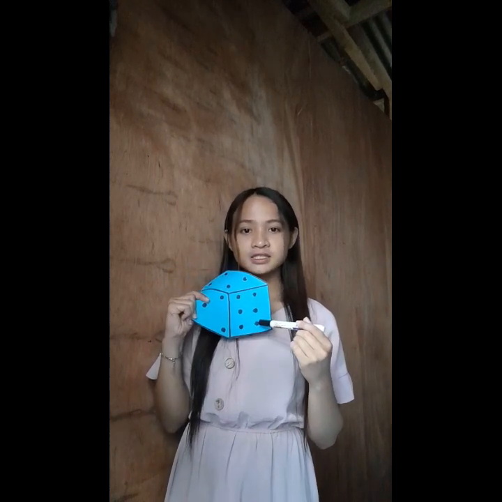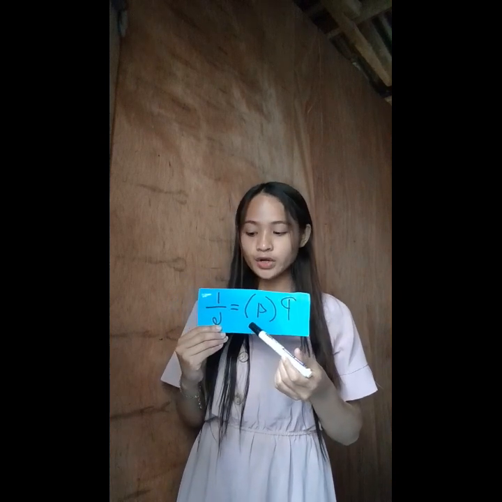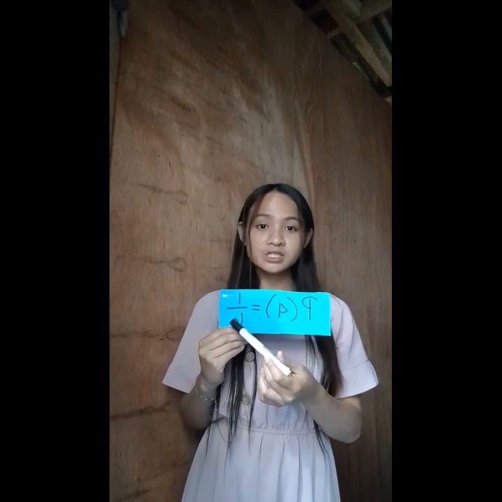So there is one favorable outcome and 6 possible outcomes. Therefore, our answer will be probability of 4 equals 1 over 6 or 1/6.